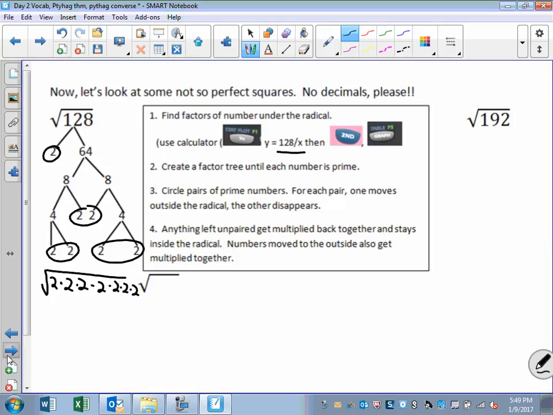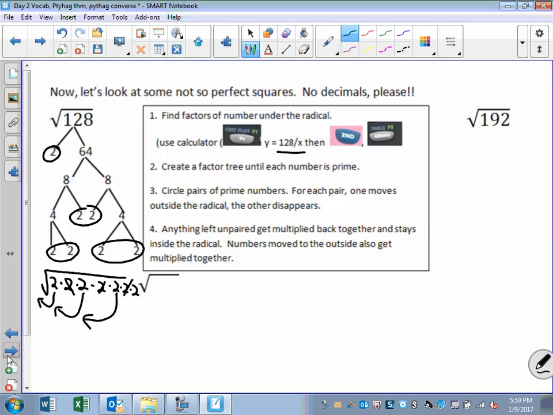Okay. So now what you want to do is, for each pair of 2s, pull one of them out. So we got first pair, we pull one out, and then one disappears. We pull the next one out, and the next one disappears. We pull the next one out, and the next one disappears.